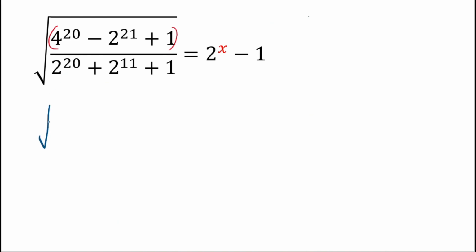So the square root of this expression is the same as (2^20 - 1) whole squared, and divide by, now solve this denominator part. The denominator part is 2^20 + 2^11 + 1.